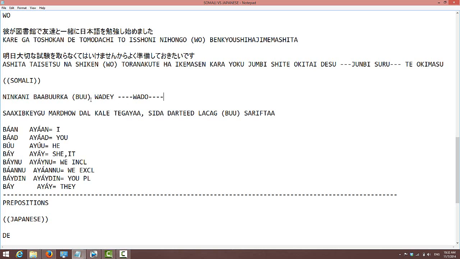Now this bu here is referring to him. I made a little chart down here just to show you guys, which I'm going to show you in a minute. But this bu is like a focus. They call them focus markers in Somali. It's focusing on the vehicle, the car. It is the car that the man drove. Baburka bu wade.